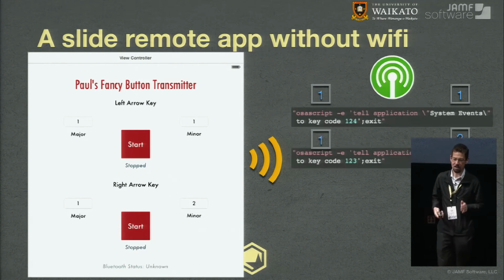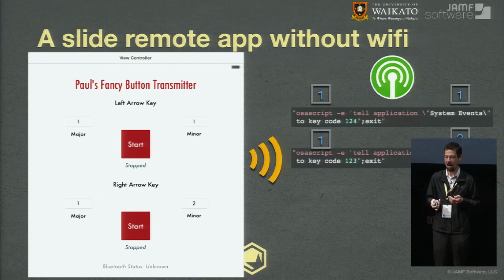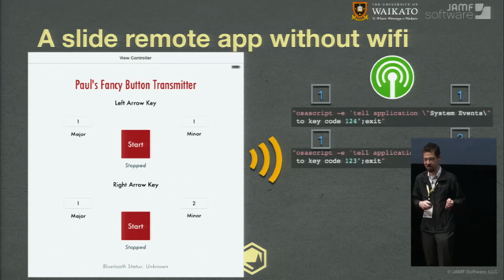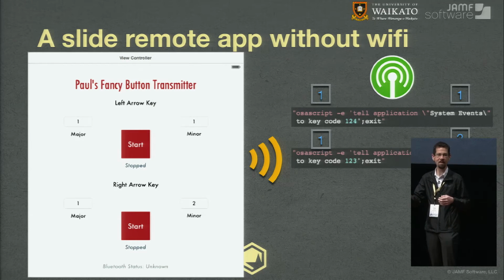So that means using beacons and some very, very simple scripting, I can move backwards and forwards between my slides without my iOS device being on the same wireless network as the computer. So I just have to have Bluetooth turned on, and that's it. It works really, really well. It means I've got lots of range. I don't have to worry about losing control of anything.